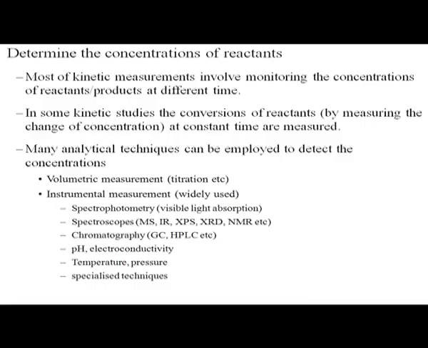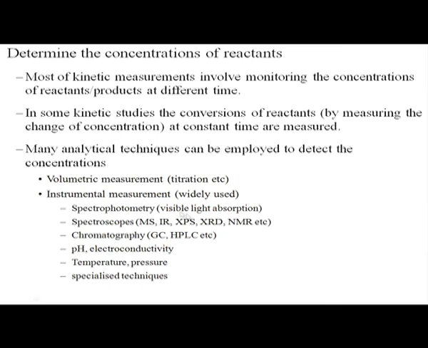In some kinetic studies, the conversion of reactants at constant time is measured. Say after 2 minutes, how much reactant is converted, you measure. That can also be a technique. Many analytical techniques can be employed to detect concentration.